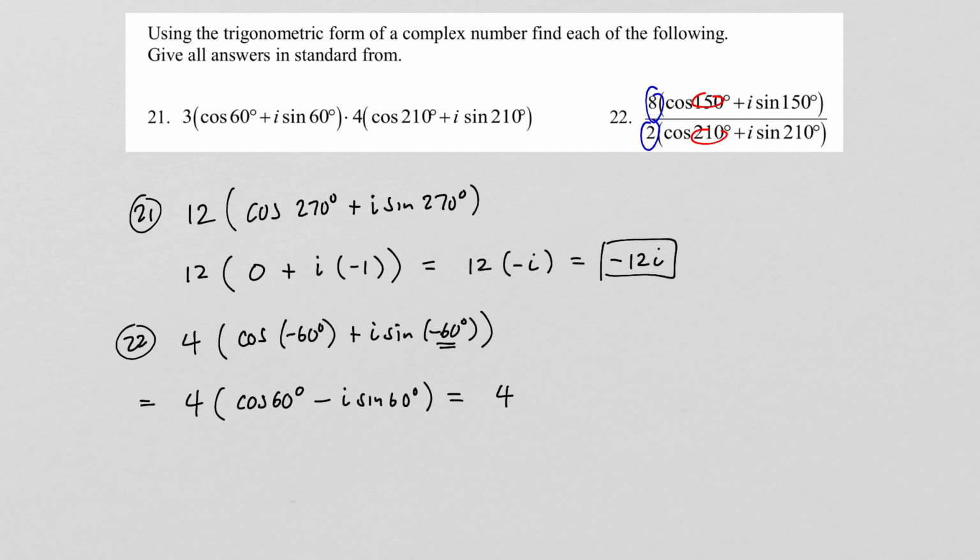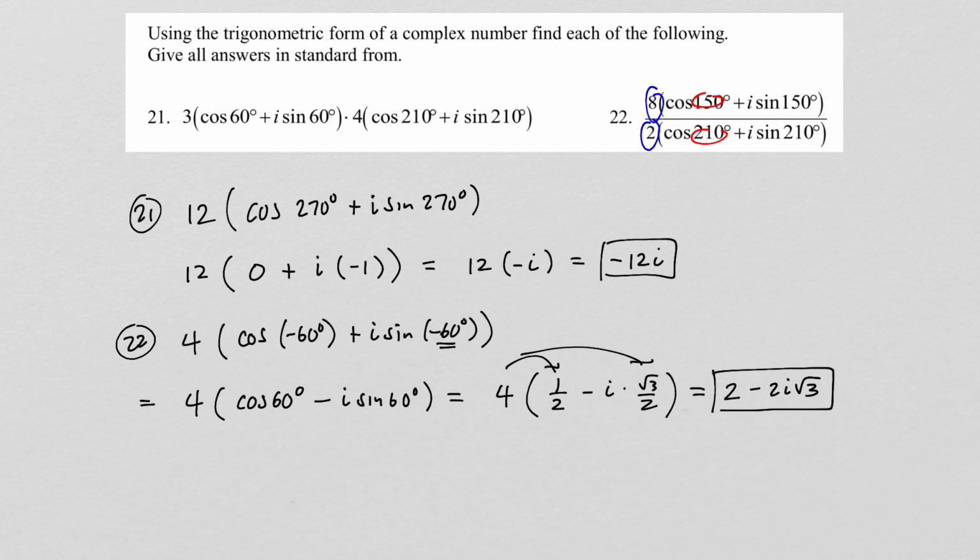And so this is going to end up being 4 times the cosine of 60, which is 1/2, minus i times the sine of 60, which is radical 3 over 2. And then if I just multiply this out, 4 times 1/2 is 2. And 4 times radical 3 over 2 is 2 radical 3. So we're going to have minus 2i radical 3.